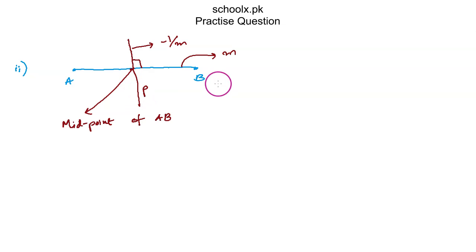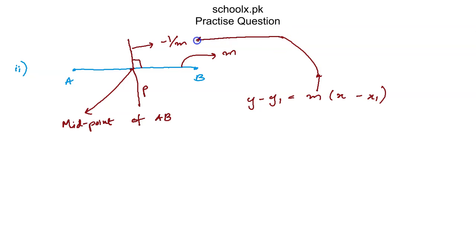We need to find the equation of the perpendicular bisector. Let's name it P. The formula for the equation of a line is y minus y1 equals m times (x minus x1). For this, we need the gradient of the line, which is -1 over m, and one point on the line, which is the midpoint of AB.